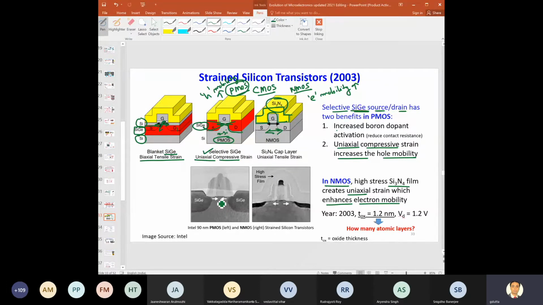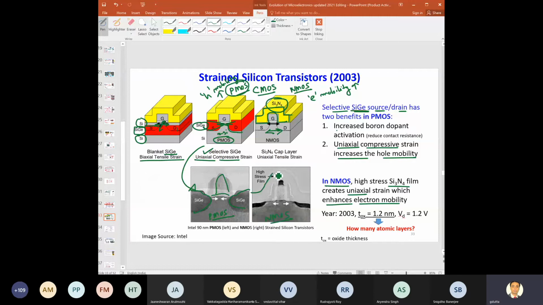and they deteriorate the mobility significantly, right? And if you see these cross-sectional images, these are the real devices. This is the silicon germanium source and drain, this is some gate oxide, this is the gate metal, some special layer, all this stuff, right? This is for the PMOS, and here this is for NMOS.